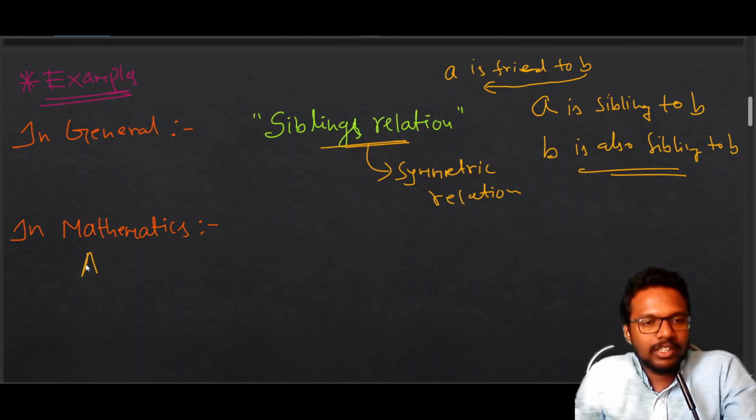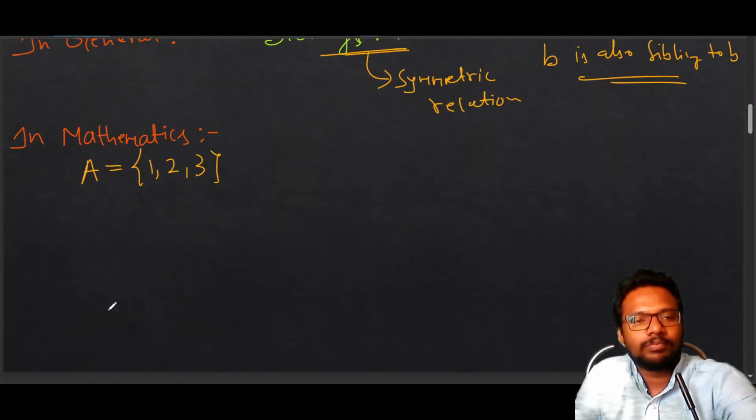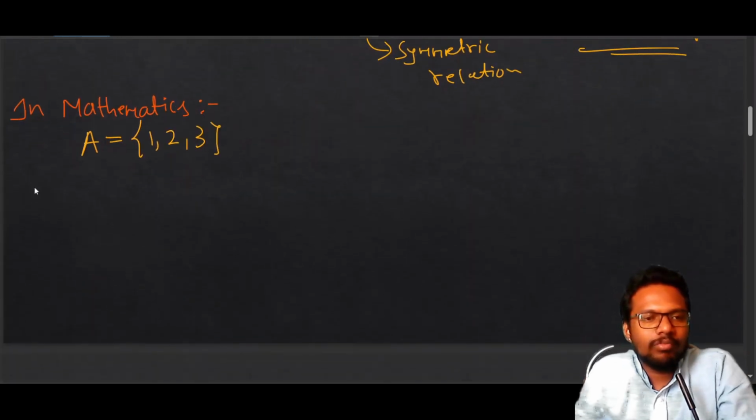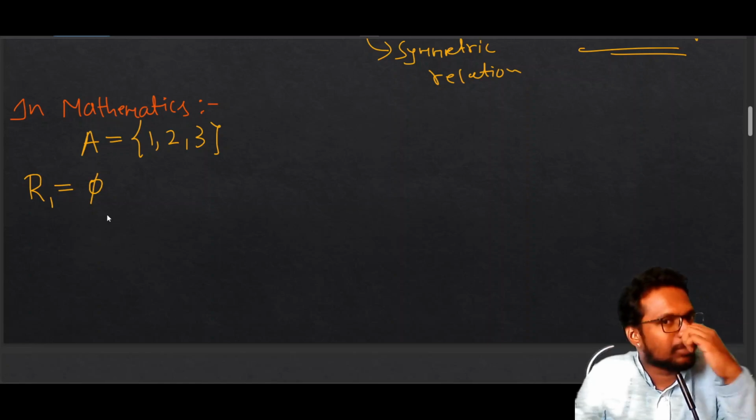So in mathematics, let us understand the same. Let us take the set {1, 2, 3}. I am considering this example and creating a relation R1 here. Let us revise all previous types.